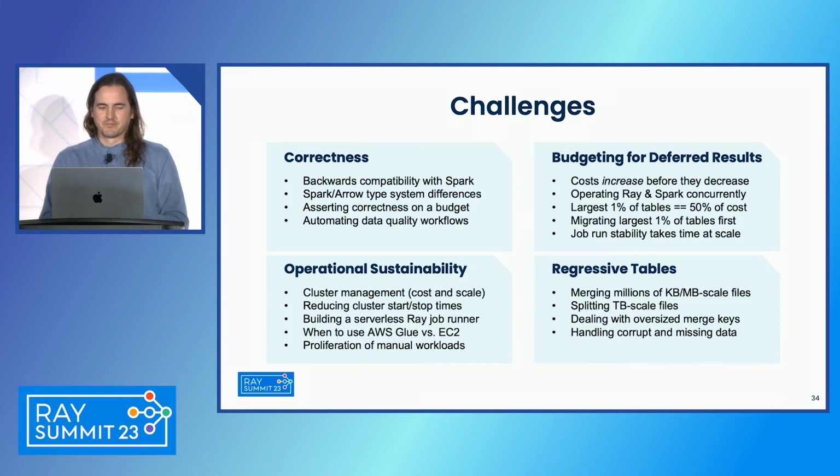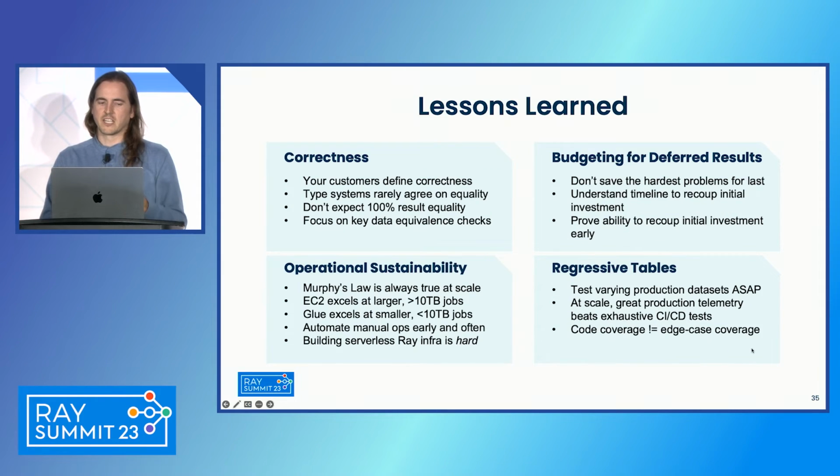And then all the stuff that goes along with that's pretty hard. Reducing cluster startup times. Out-of-memory errors was a big problem, too, that we were facing. And regressive tables. Some of our tables consist of millions of tiny files, others a few huge files. There's a lot of challenges there.